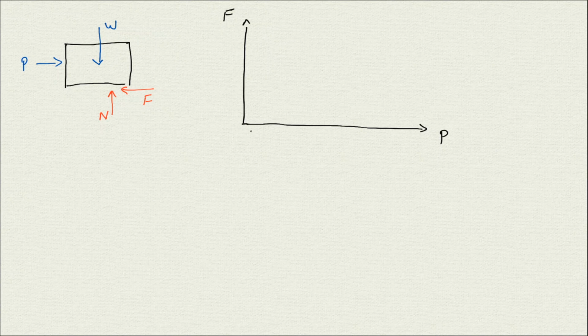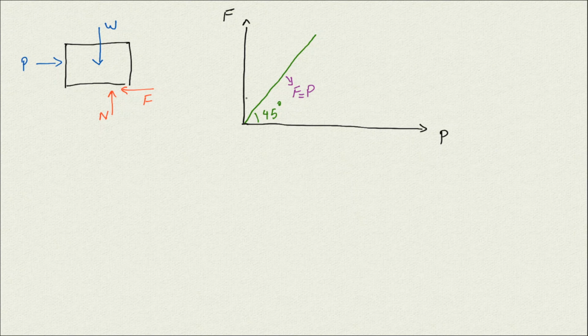So when P is small, there's no motion, and P and F are equal, so they would make a 45 degree angle here. It goes up like that, and in this area F is equal to P.